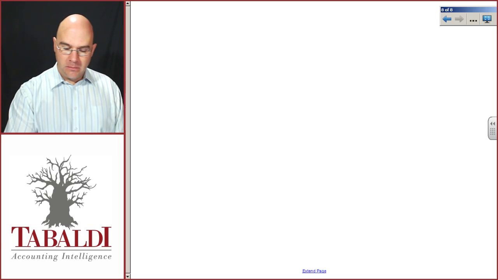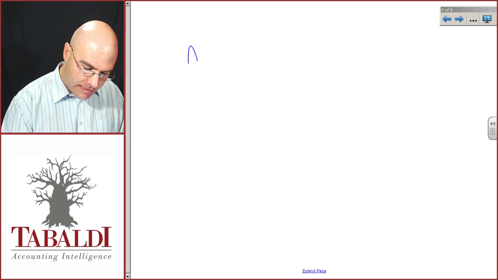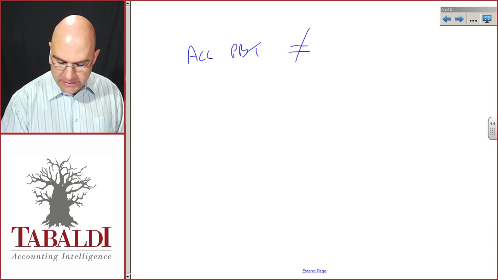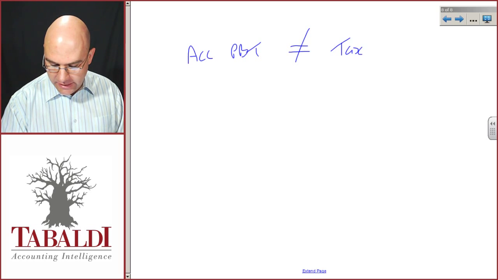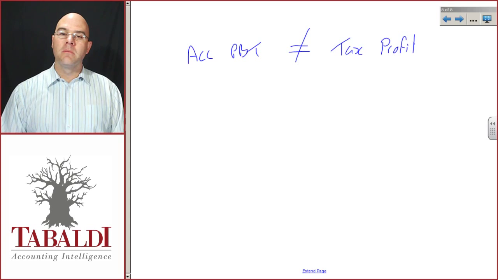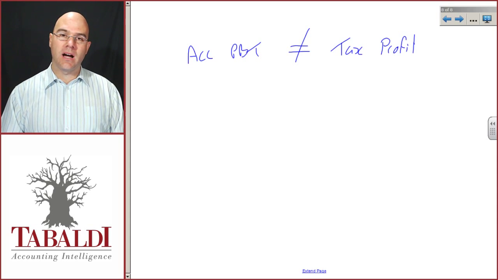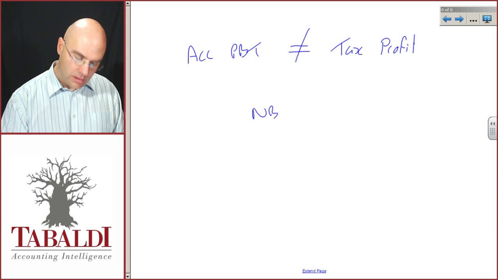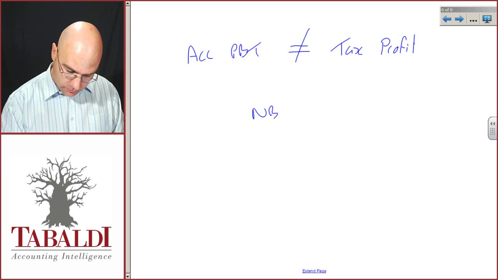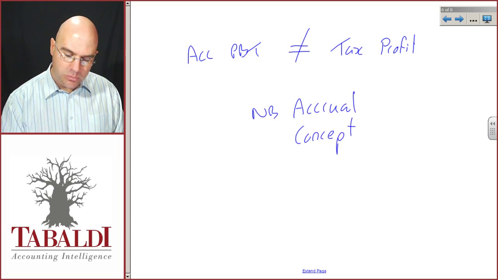Okay, so please just remember, the principle here is that our accounting profit before tax does not necessarily equal our tax profit or taxable income. But what we do need to do is recognize the tax expense in the correct period for accounting records. Okay, so there we are talking about the accrual concept as being highly important.